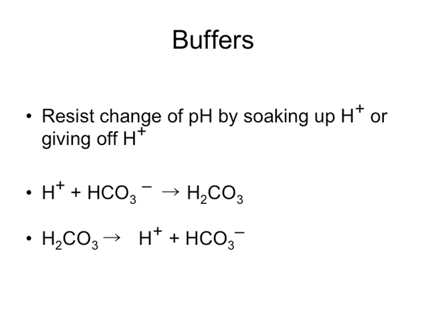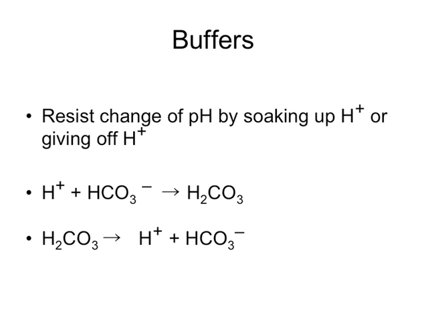A buffer, for those of you who have not had chemistry, and perhaps as a reminder for those of you who have, a buffer is a system that resists a change in acidity by either soaking up acid or giving off acid. And here we see the carbonic acid system acting as a buffer. So if there was excess hydrogen ions, it could combine with bicarbonate to make carbonic acid.